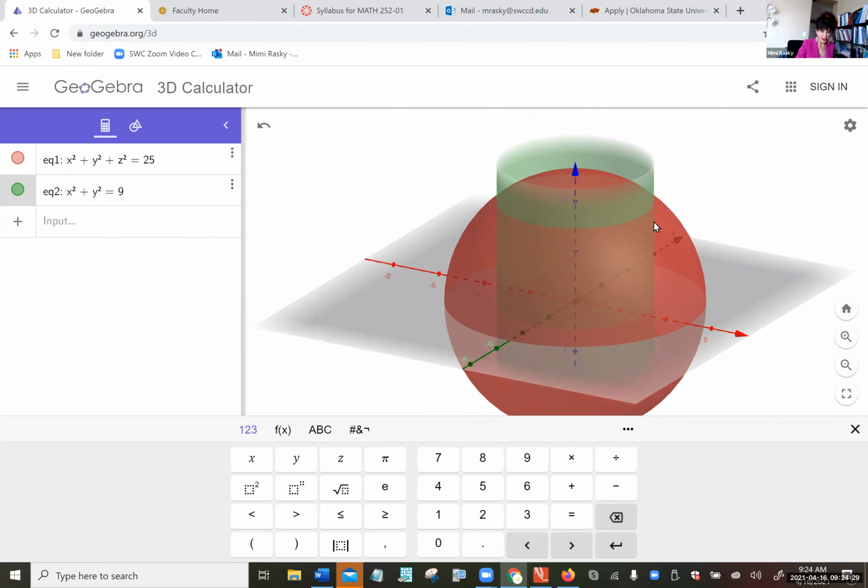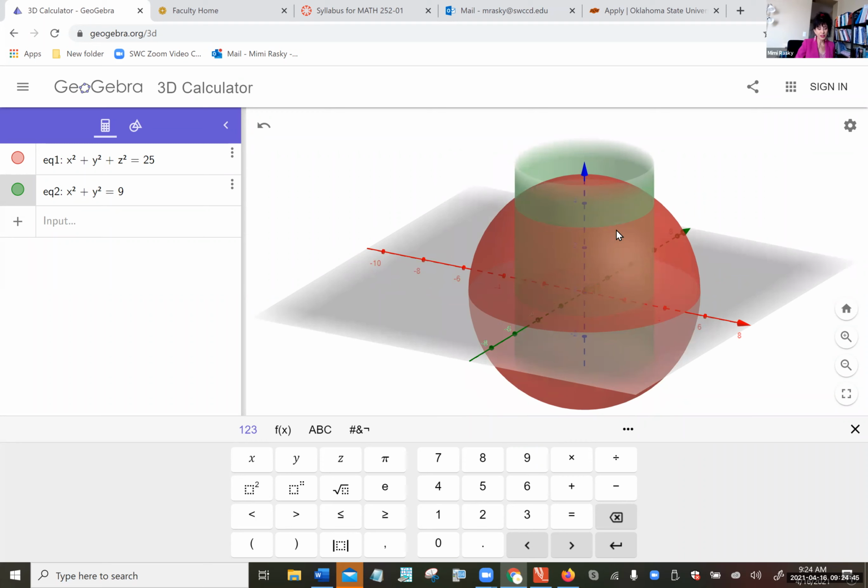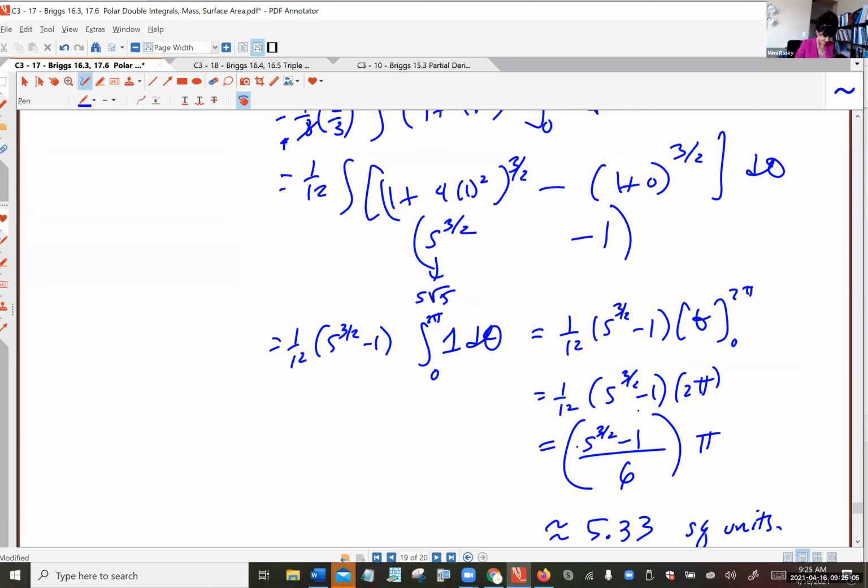But good news, we have symmetry. In other words, the North Pole surface area will be exactly the same as the surface area of the South Pole. So we're just going to set up the double integral representing the area of the North Pole, and we'll multiply by 2. Easier. Nice. Okay. That's the plan.